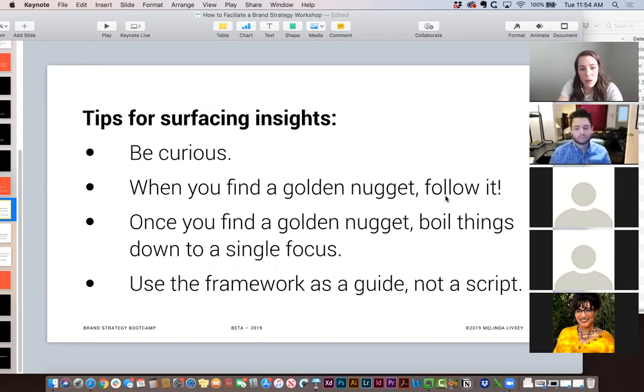The other thing that I kind of tapped into, use the framework as a guide. It is not a script. You can go off script, you can alter the script, you can cut things out. If you see that things are going really well in one direction, cut out some stuff later. I did that with one of my big strategy sessions that I had.